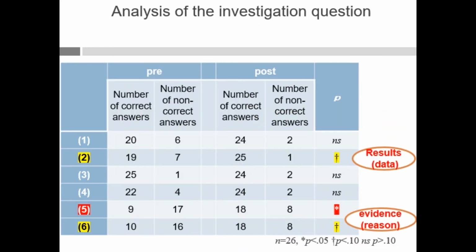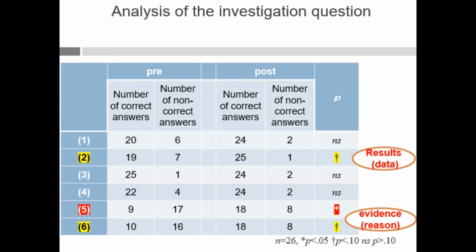A pre-post comparison of items was conducted on the first and second investigation question, McNemar test, two-tailed. As a result of the analysis, there was a significant increase in item 5, concerning evidence, reason. In addition, there was a significant increase in item 2, concerning results, data, and item 6, concerning evidence, reason, at the 10% level of significance.